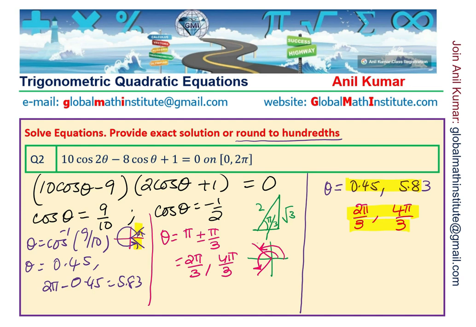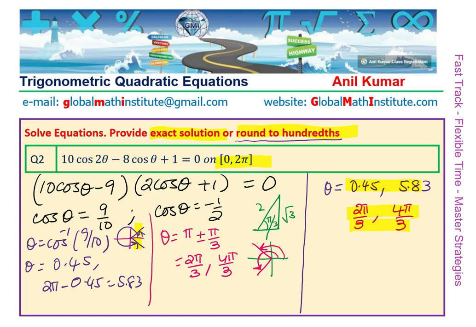Makes sense, right? So as you can see, we provide exact solutions and round to hundredths as required in the question. So I hope the concept is absolutely clear. So these are the four solutions in the domain where theta is between 0 to 2 pi. Perfect.